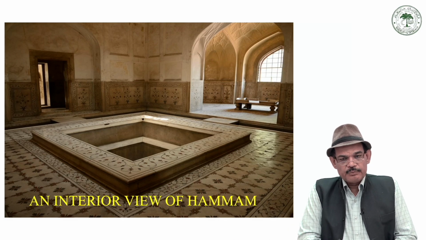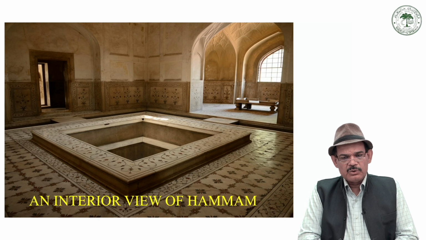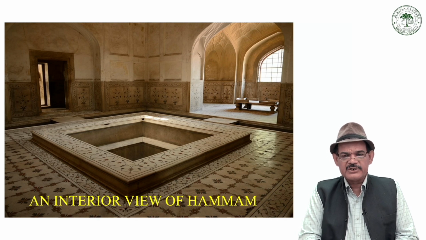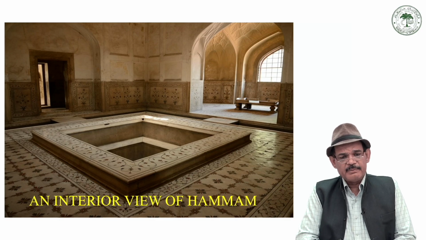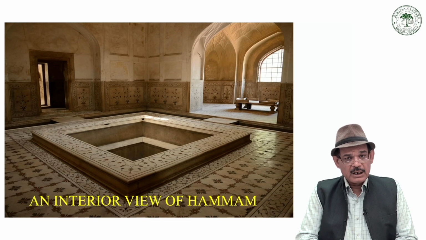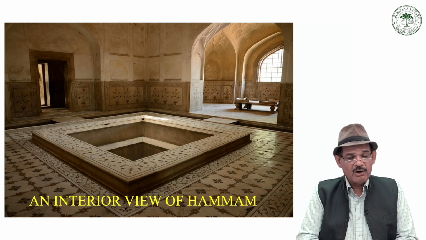The Mughals borrowed this hammam from Turkey and Central Asia; it is known as the Turkish hammam. These hammams had a mechanism by which the inner temperature could be maintained through earthen pipes put inside the walls.